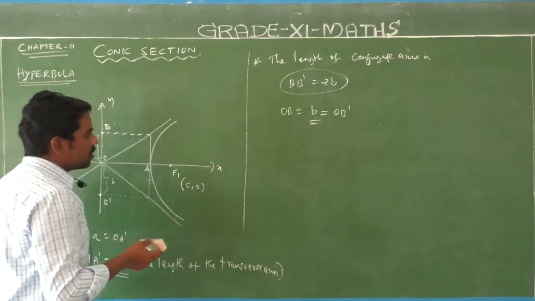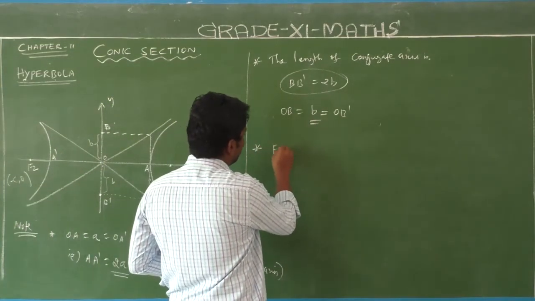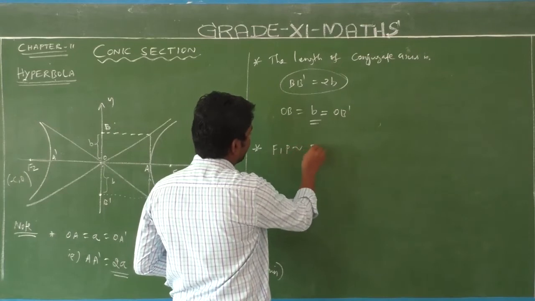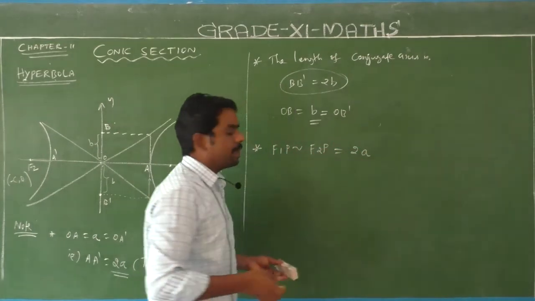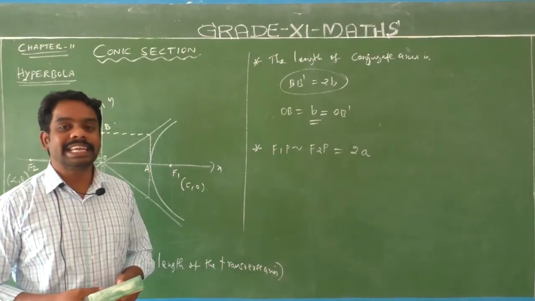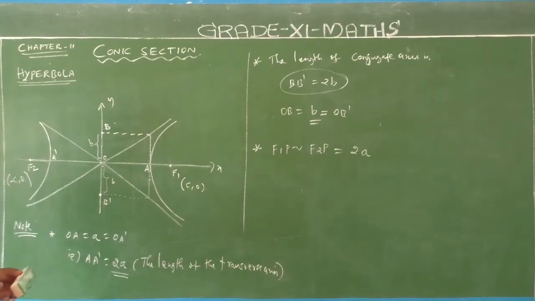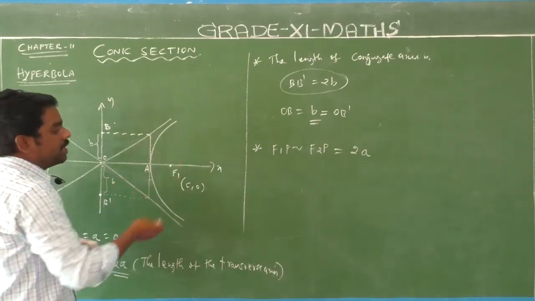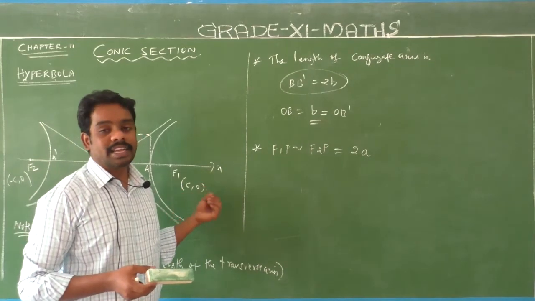Next, by the definition, F1P minus F2P is equal to 2a. P is any point on this curve. P is (x, y), F1 is (c, 0), and F2 is (minus c, 0).